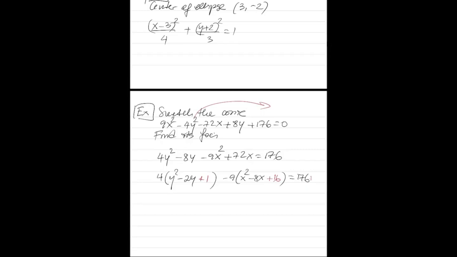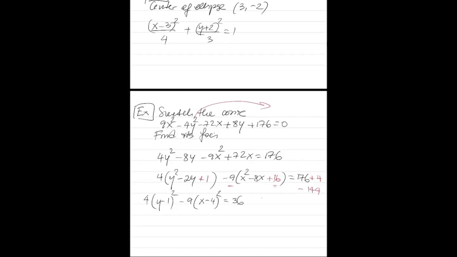We need to do the same thing on the other side. Actually, because we added 1 here, but there is a 4, we need to add 4 on this side, and we need to subtract 144, which we obtained by multiplying 9 times 16. Okay, so now we have 4 times the quantity y minus 1 squared minus 9 times the quantity x minus 4 squared equals, if you simplify the right side, 36.